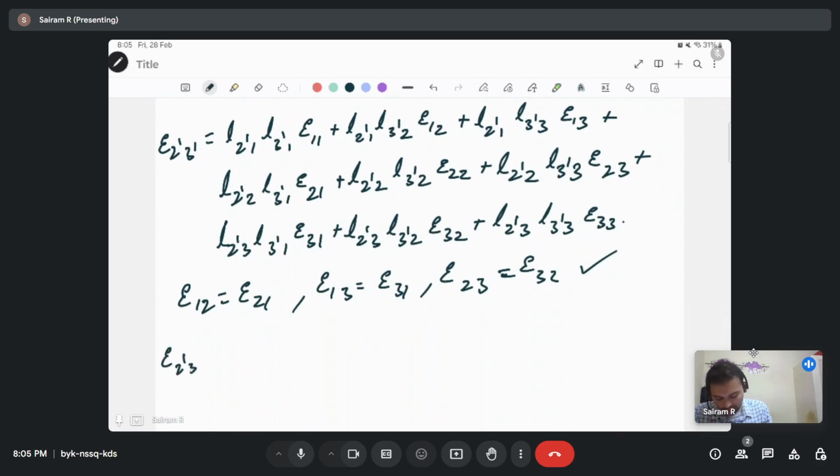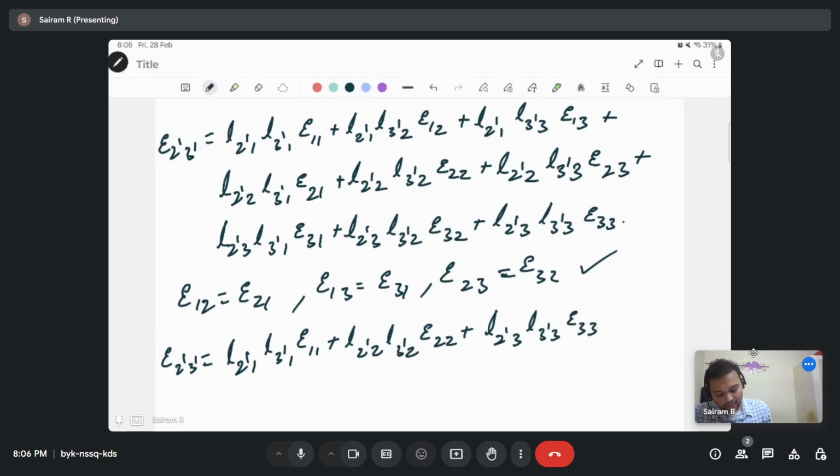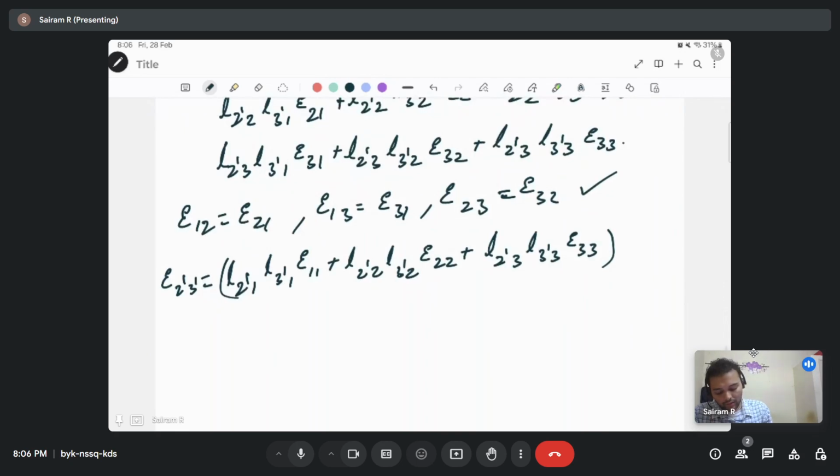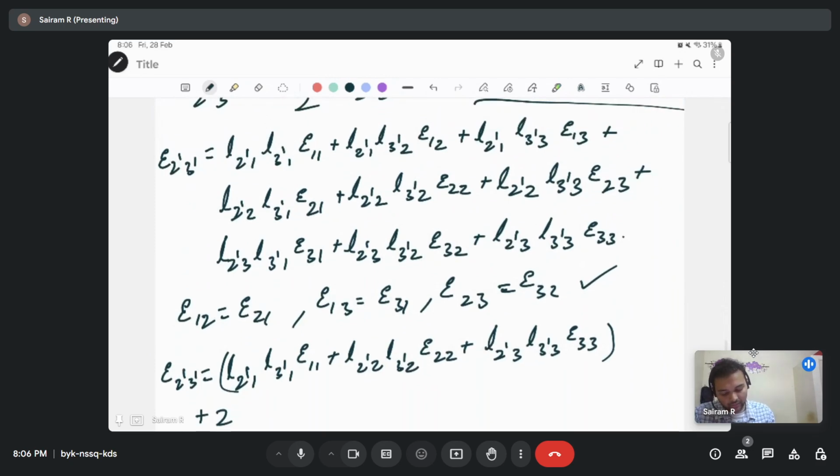Epsilon 2 prime 3 prime equals, I am going to separate the diagonal terms first. L2 prime 1 L3 prime 1 epsilon 1 1 plus L2 prime 2 L3 prime 2 epsilon 2 2 plus L2 prime 3 L3 prime 3 epsilon 3 3. These are my diagonal terms. So I'm going to start. We know from the previous equation that epsilon 1 2 is the same as epsilon 2 1.